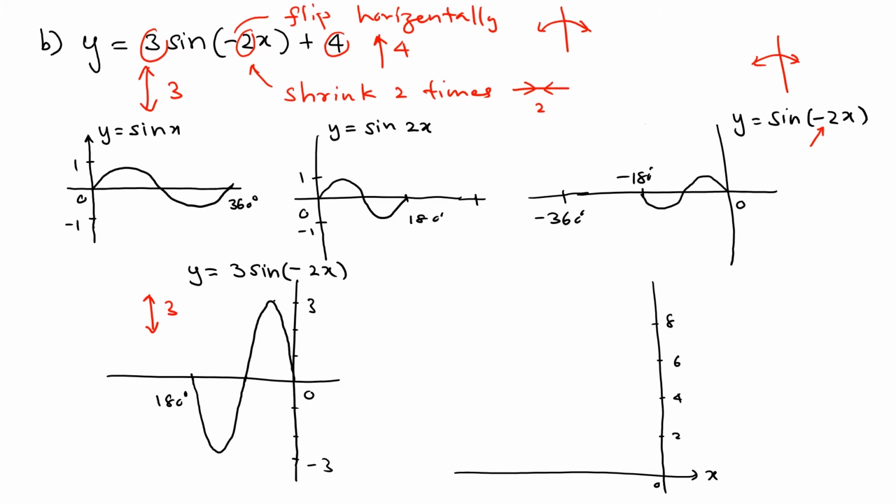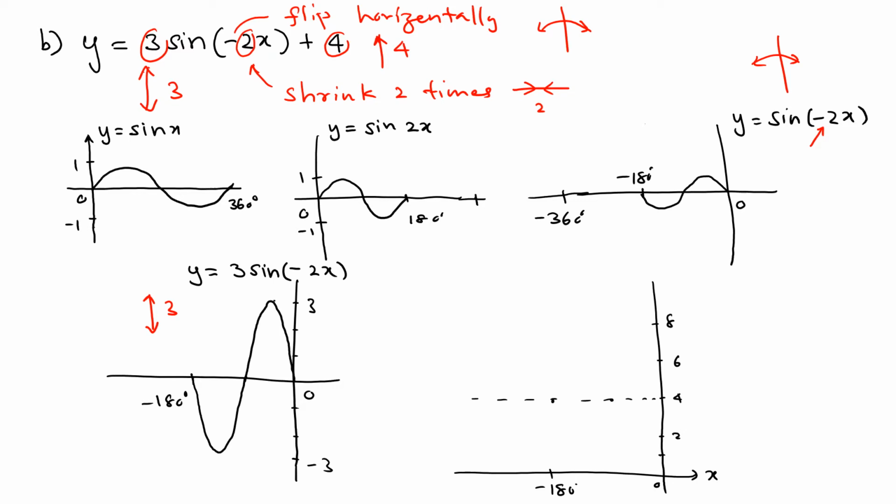So what we normally do, we can draw this line, because that's going to help you to get a good graph. And this is negative 180. So that's still sitting on this side. So there's no change to that. So the graph goes between 1 and 7.